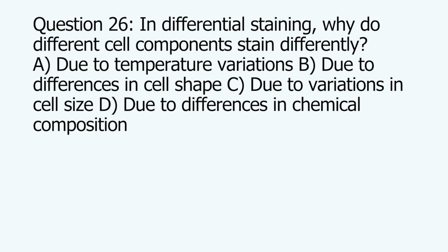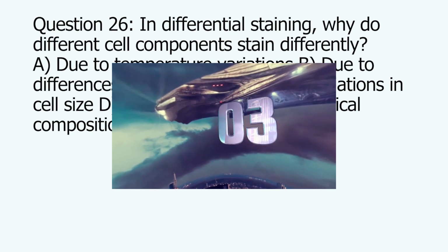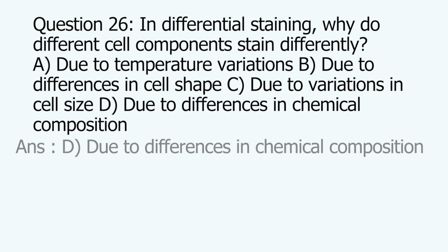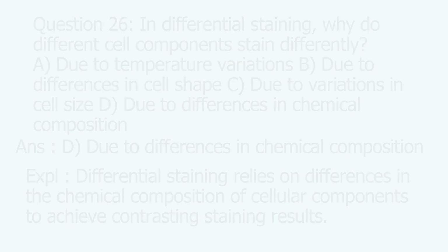D. Due to differences in chemical composition. Answer. D. Due to differences in chemical composition. Explanation: differential staining relies on differences in the chemical composition of cellular components to achieve contrasting staining results.